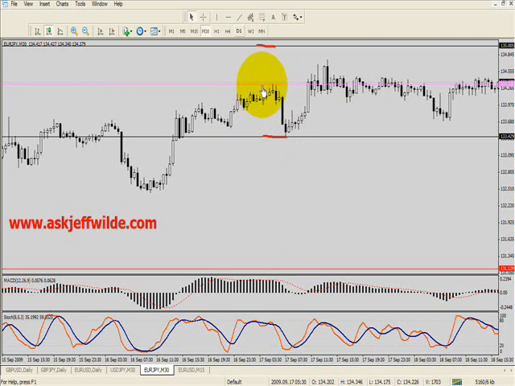So let's say the market's climbing up. It's making new swing highs, but I see that the indicators are diverging down. I may take a shot and anticipate riding it back to my support level. Okay, that's just a little tip that I haven't talked about, and it's something I will talk about more in the future.